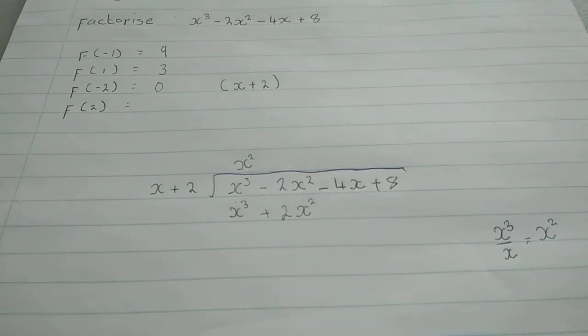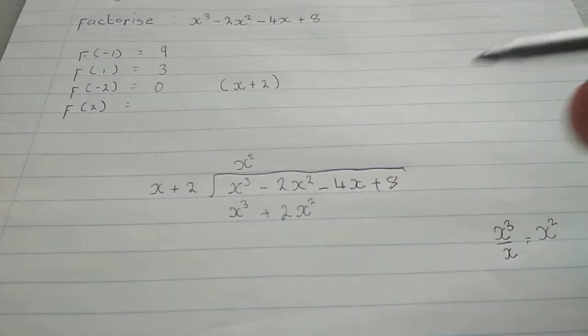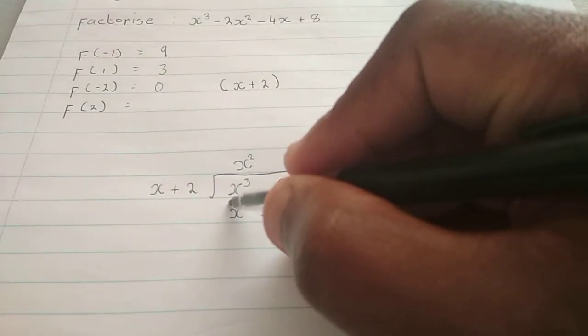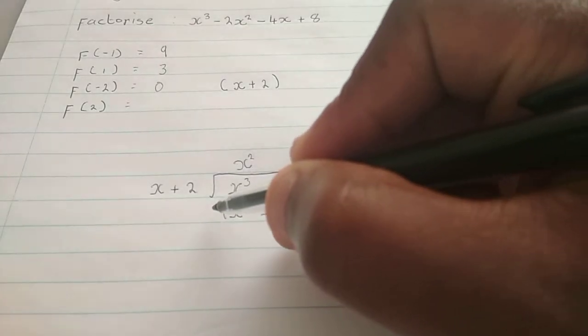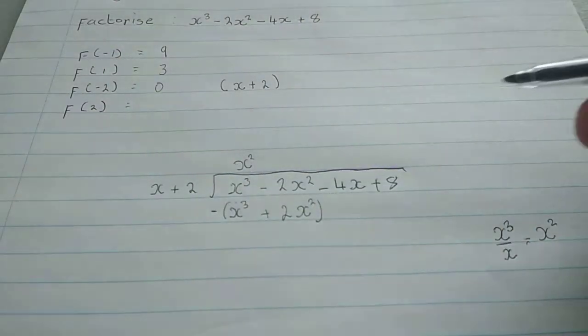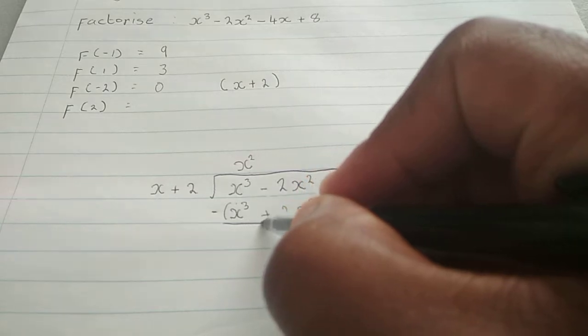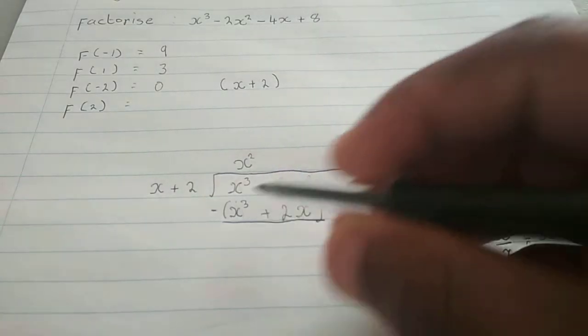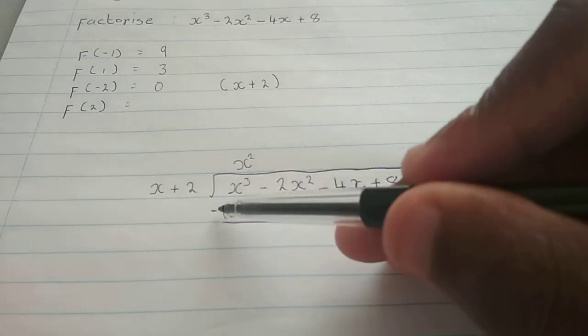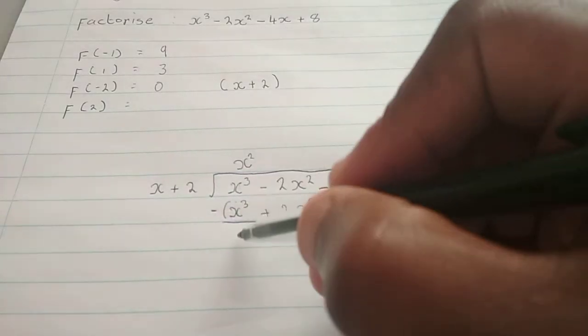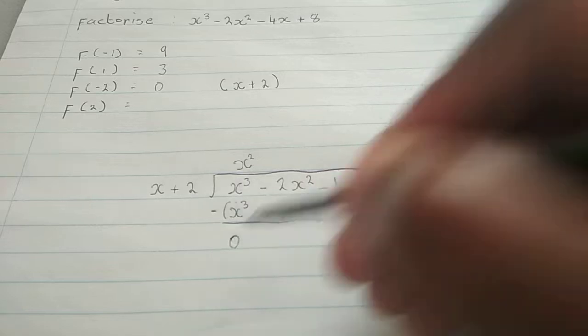Now, what I like to do is put this whole thing in a bracket, and then I put a minus sign, and then I underline it to show that I'm subtracting. Now, I'm going to say x cubed minus x cubed, well, that will give me 0.